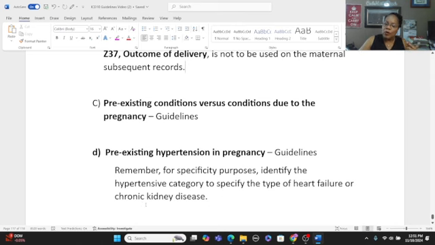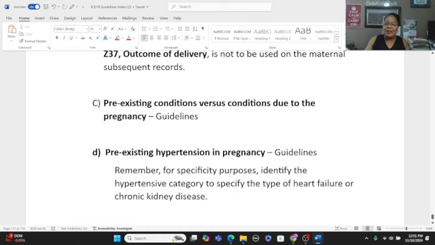Because remember, when you're identifying chronic kidney disease, you also need to identify what stage. Is it stage 1, 2, 3, 4, 5, or 6? So again, for specificity reasons, you need to identify in pregnancy as well as out of pregnancy.